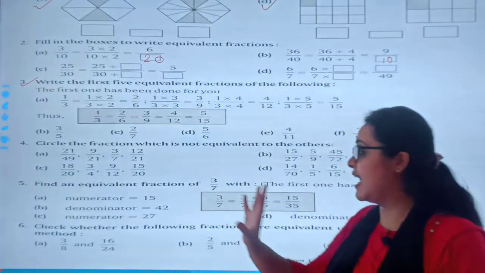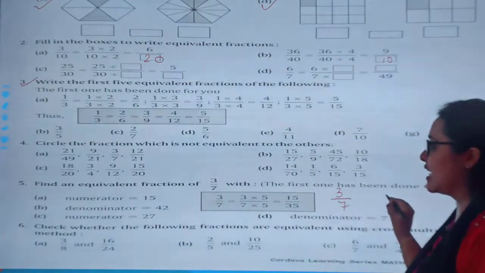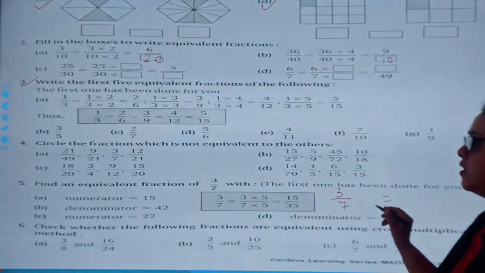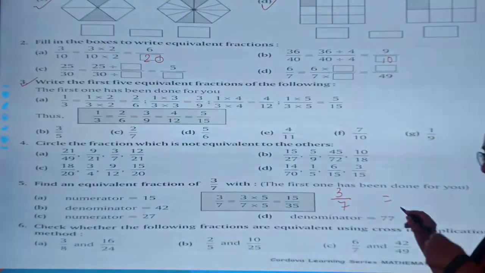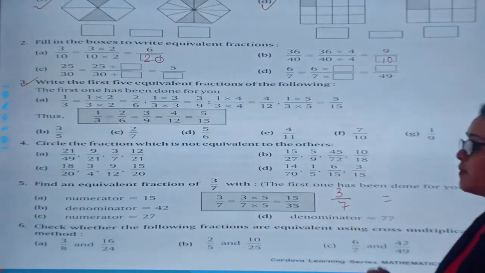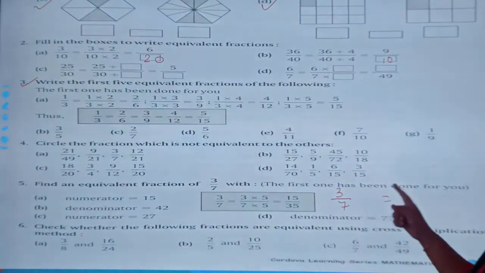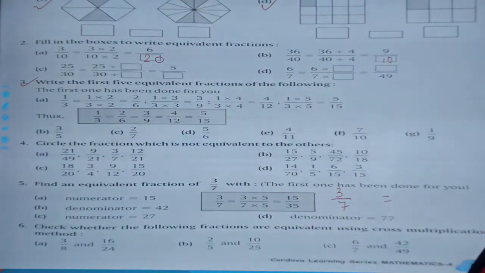See, मुझे ऐसा फ्रैक्शन चाहिए 3 by 7, उसका आंसर कितना आना चाहिए न्यूमरेटर में 5. So students, the condition for 3 by 7 is कि मुझे न्यूमरेटर का आंसर 15 चाहिए.